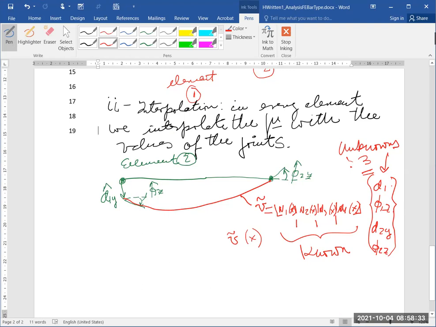Okay. Why are they 4? Because we have to multiply each one of these by each one of these. So you multiply D1 by this, Phi1 by N2, D2 by N3, and Phi2 by N4. And the result of this product is going to be one single function.